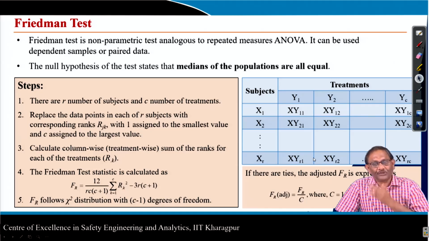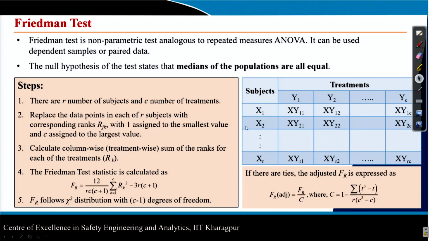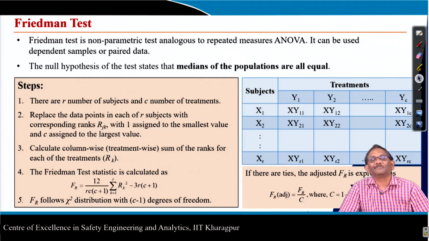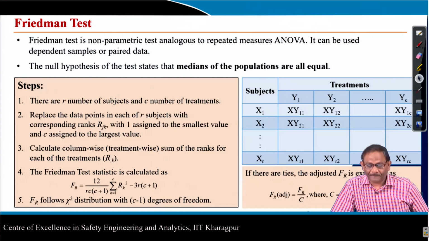The disadvantage of this repeated measures ANOVA is that it is a parametric one, and it basically requires the F distribution. You have seen already the F ratio that we have computed; it requires a probability distribution, that is, the F distribution. Also, in general ANOVA, we consider that the data coming from the response variable is normal.